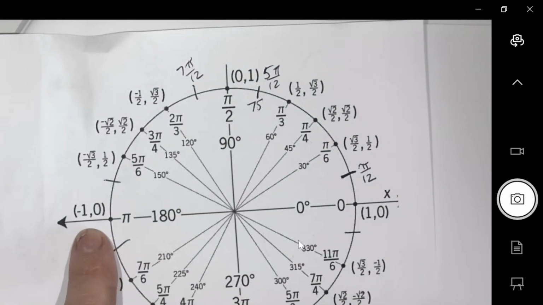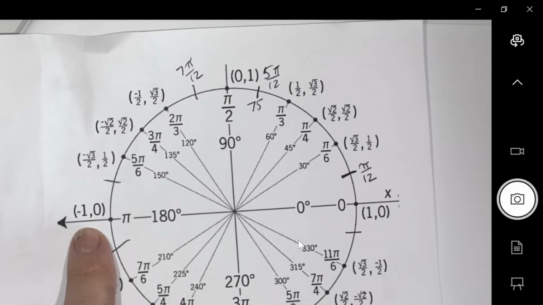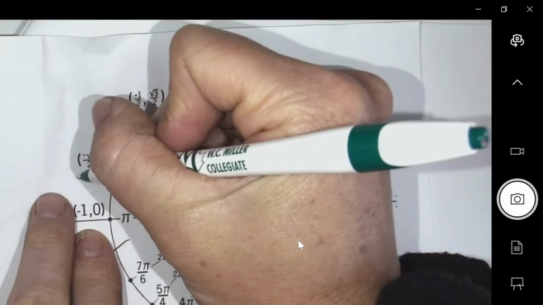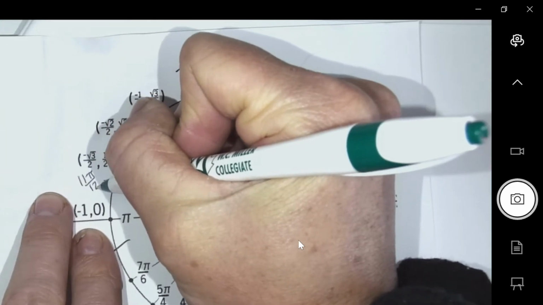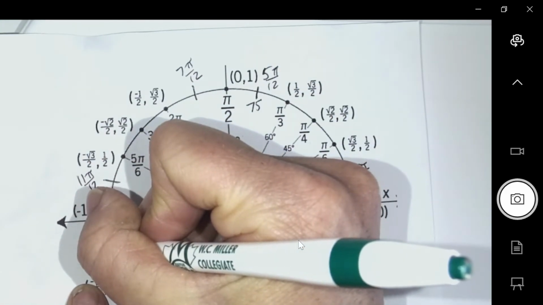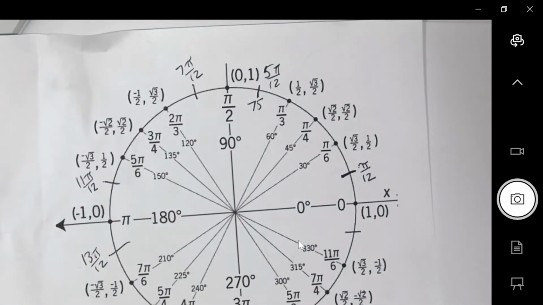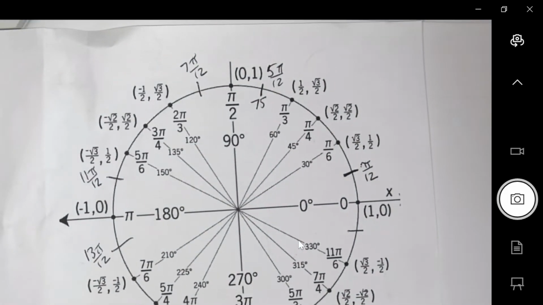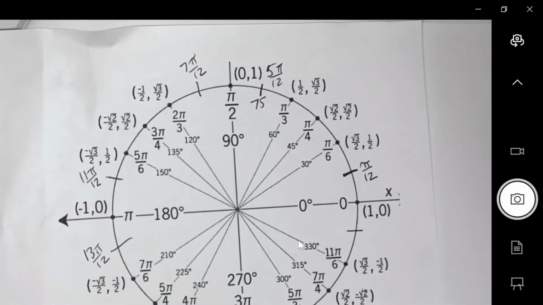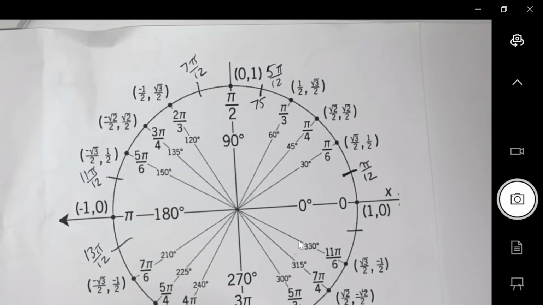What do you think of with a full pi? 12 over 12. So this is 11 over 12, 13 over 12. What number would be directly at the bottom? This was 6, this was 12, this is 18.